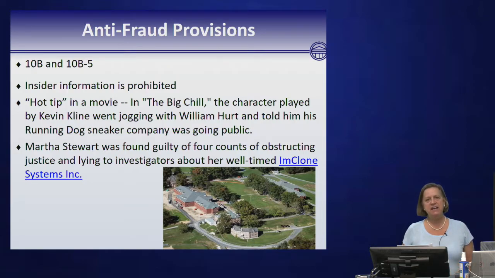And Kevin Kline tells William Hurt of his company, Running Dog. It's a sneaker company, and they're getting ready to go public and to purchase shares. This is a hot tip that was used in a movie. Of course, if this were real life, this would be prohibited.